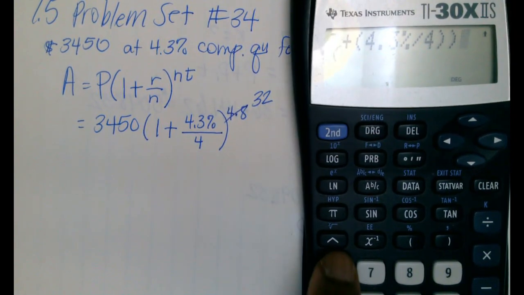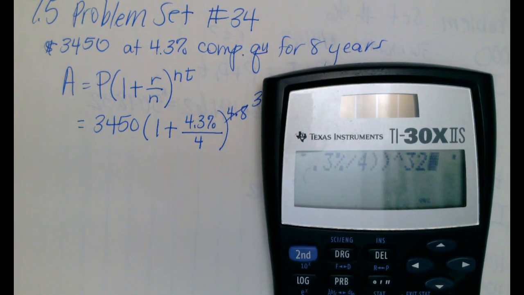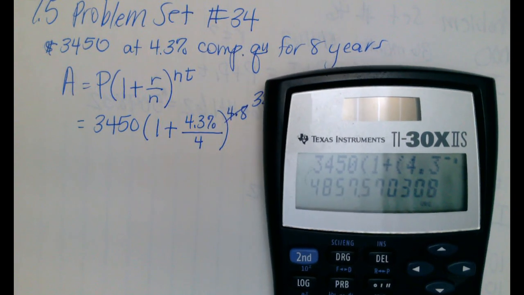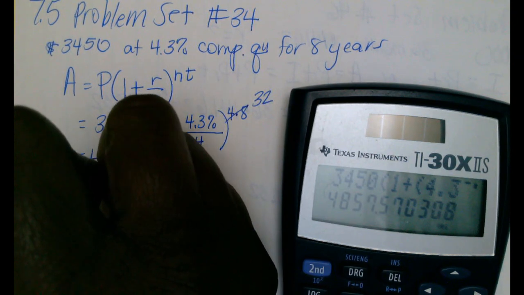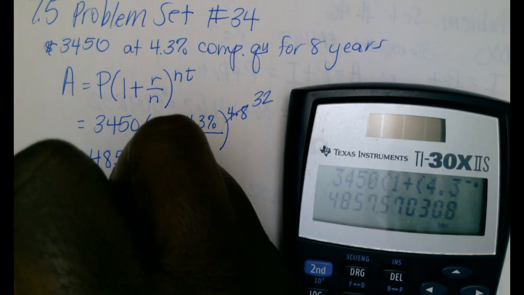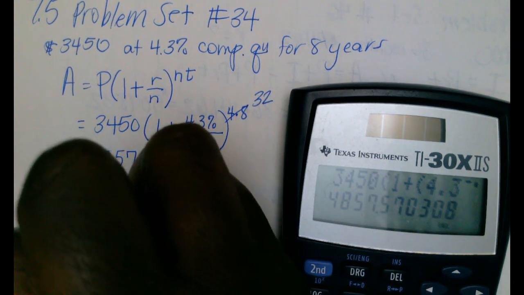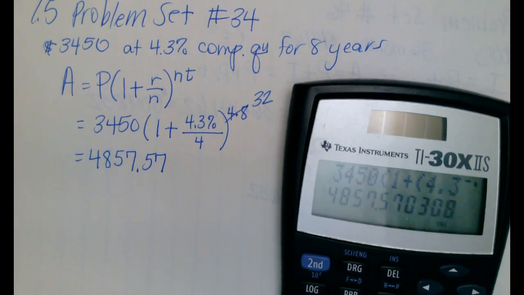Remember, that's your exponent. 32. A lot of you all knew how to set this up. It's just that calculator part. $4,857.57.